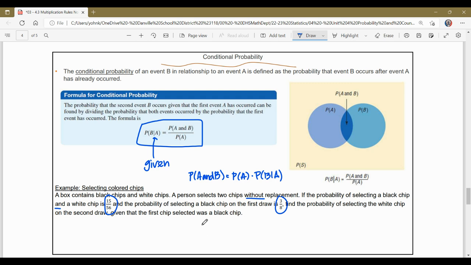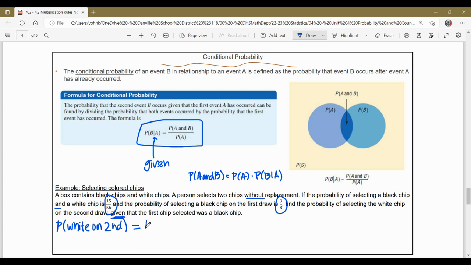All right, so if we want to find the probability of white on the second draw, then I can follow this formula up here because the word given is my conditional keyword.